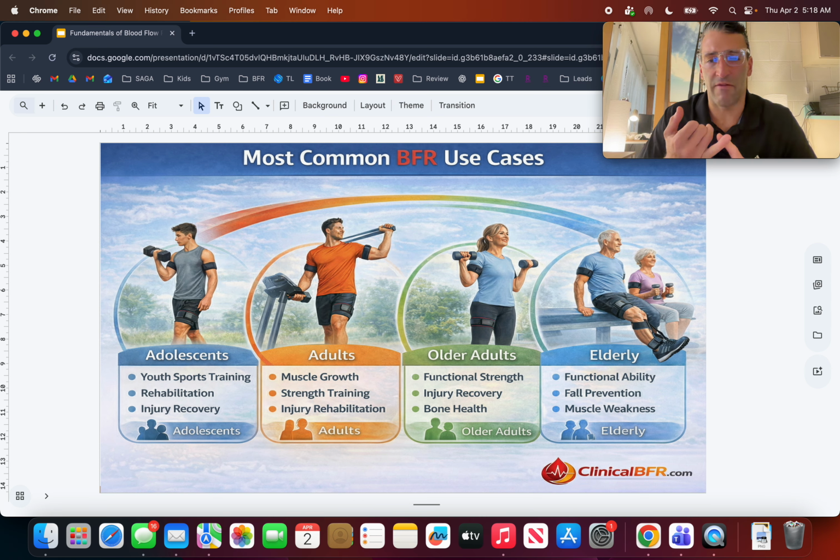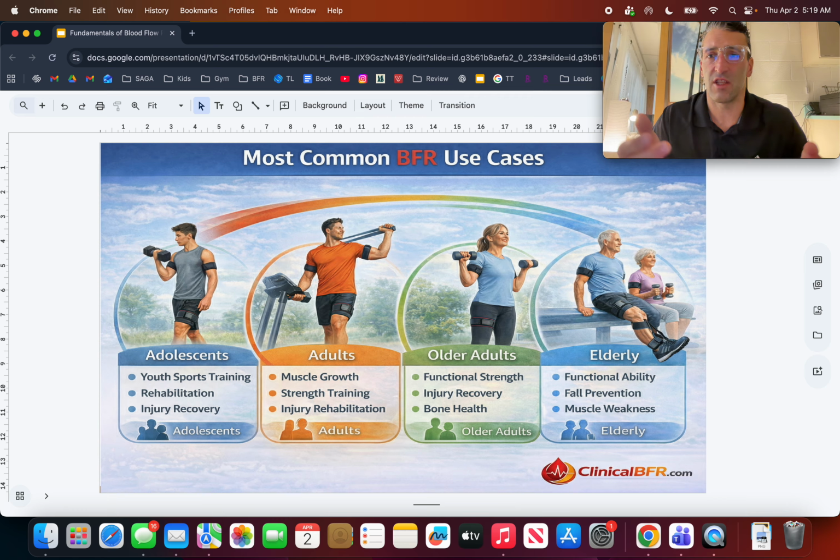Obviously rehab across the entire spectrum, every age group. The opportunity to use BFR rehab is beneficial. Adolescents respond incredibly well to injury recovery: strains, sprains, broken bones, post-op, obviously.